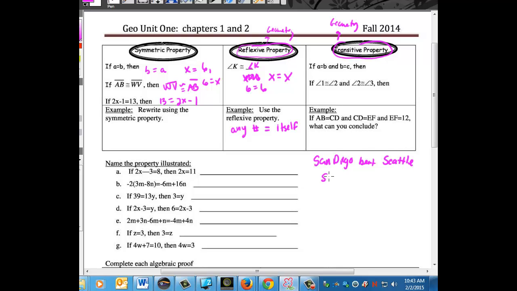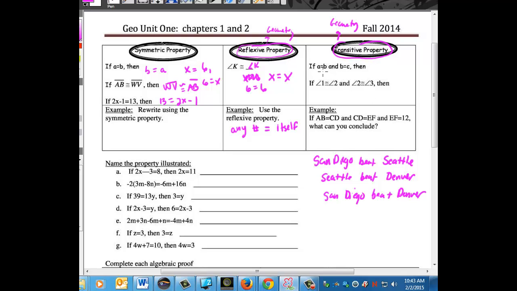And then Seattle were to beat, let's say, Denver. Then by the transitive property, since San Diego beat Seattle and Seattle beat Denver, San Diego should beat Denver. Well, that didn't happen this year, but in theory, using the transitive property, it should.